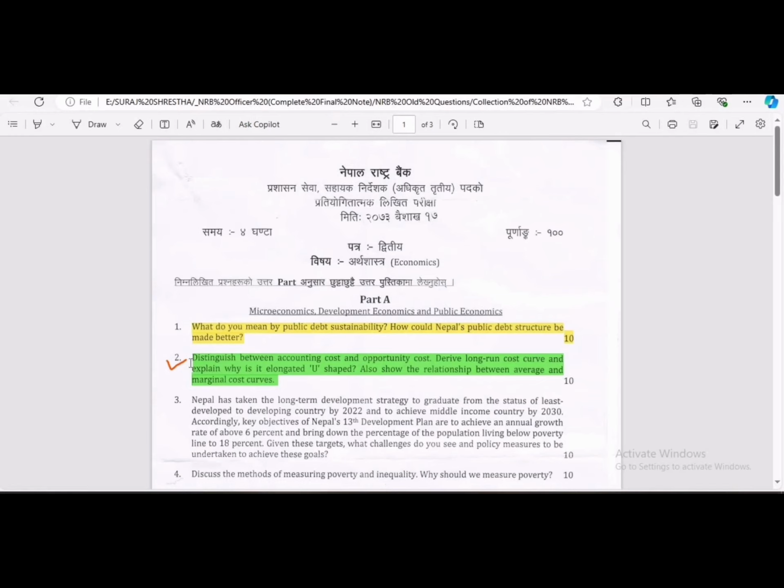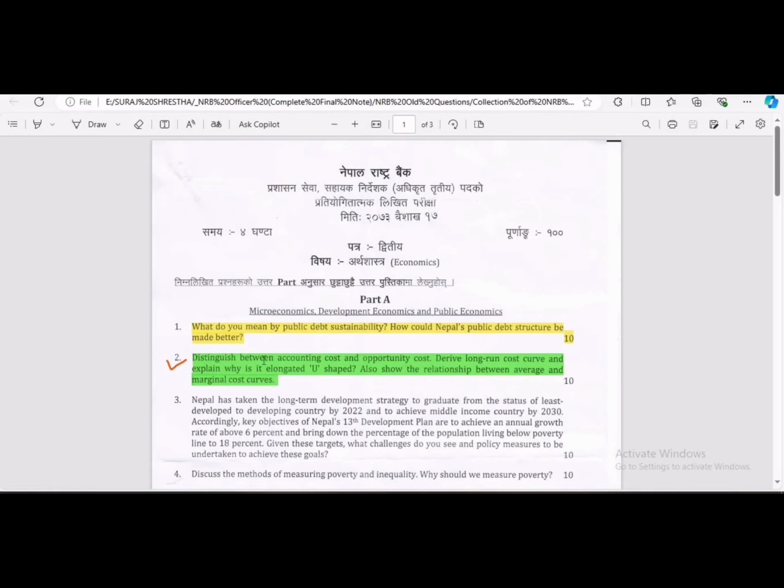Moving forward to our question number 2, that is: distinguish between accounting cost and opportunity cost. Derive long run cost curve and explain why it is elongated U-shaped. Also show the relationship between average and marginal cost curve, and it has 10 marks weightage.